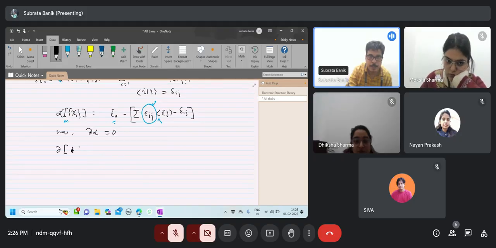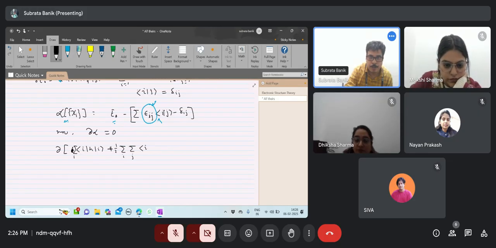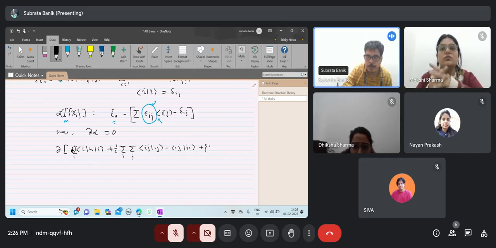I'll write it explicitly. The sum over i of ⟨i|h|i⟩ plus a half of the sum over i and the sum over j of ⟨ij|ij⟩ minus ⟨ij|ji⟩, right? Plus the other term, this one, the sum over i and j.